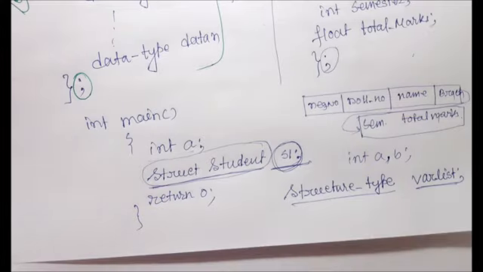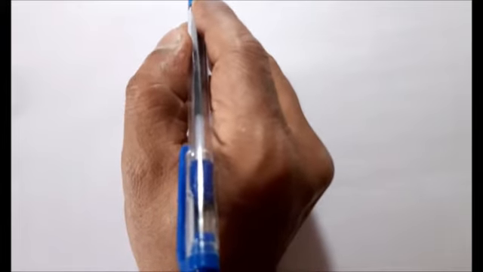So, suppose I want to check another example: struct student x, y. There are two structure variables, one is x, another is y. Another way we can declare the structure variable is when we define a structure.